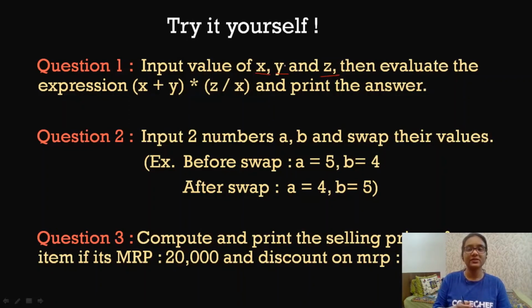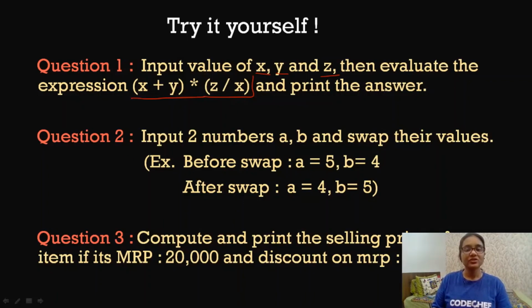Just like in the previous case, we had to input the values for three subjects and then evaluate this expression x plus y into z divided by x. So this is the expression that you will put in the process box as the evaluation, and you will store this expression value in another variable so that you have the answer that you can print in another process box.